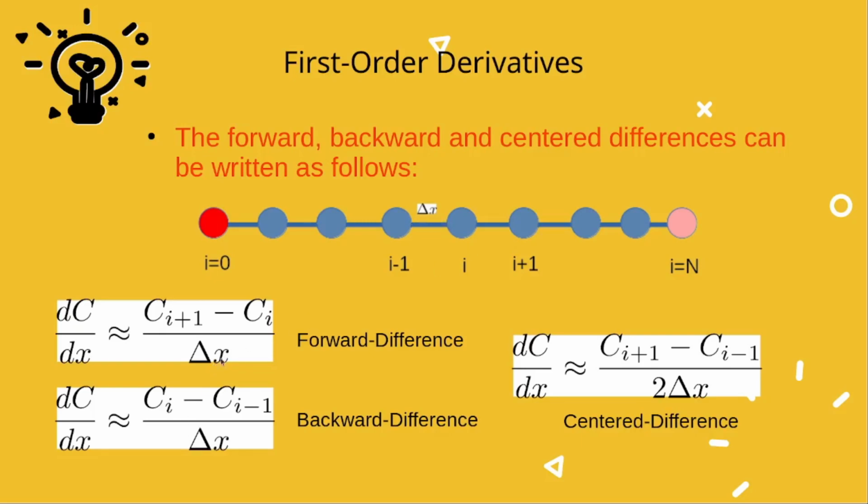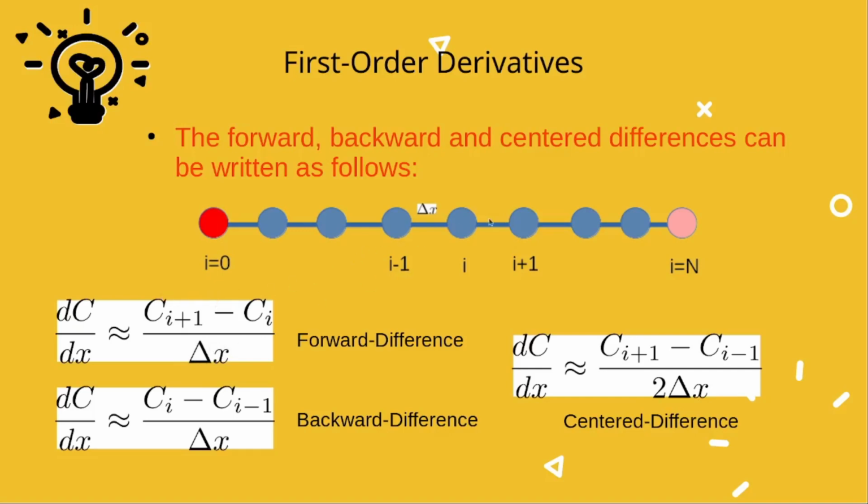So this delta x is known to us. We want to keep this as small as possible because we know that del C del x is the slope in the limit that delta x goes to 0. So clearly this approximation holds if delta x is as small as possible.